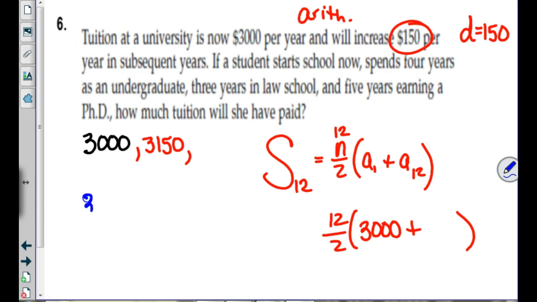The first term. Go, Kelsey. So I don't know what that is. What's her tuition the final year?